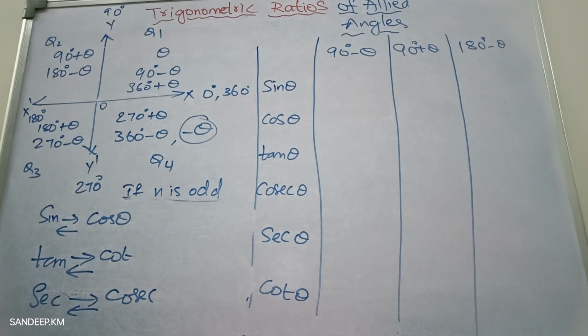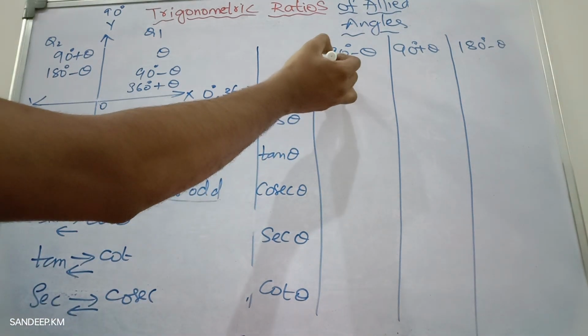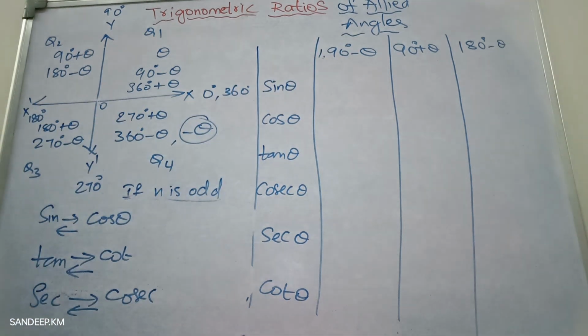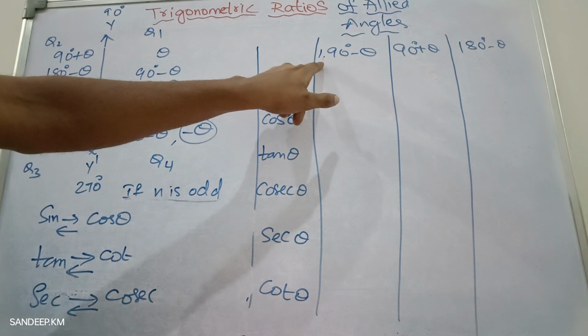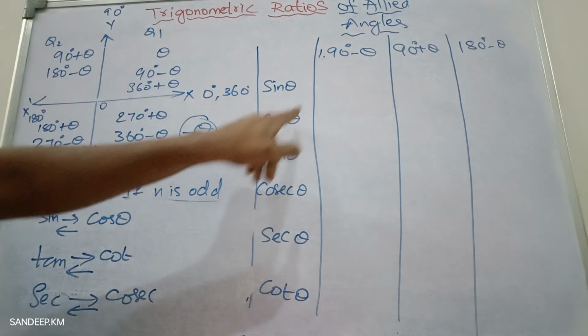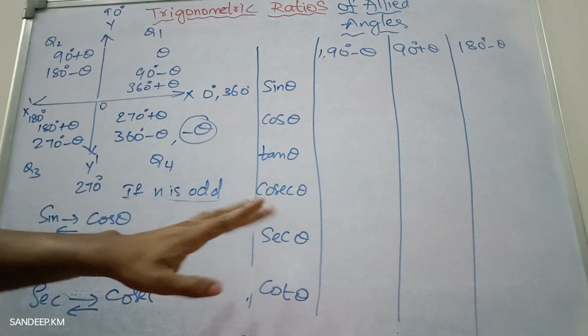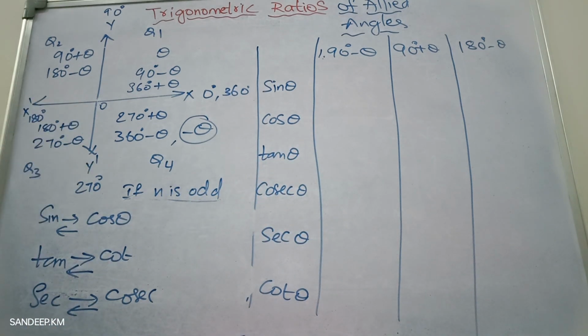Keep this in mind when n is odd. So here it is one time 90 degrees, and n is odd. So sine should become cos, cos should become sine, tan should become cot, cosec should become sec. This happens when n is odd.